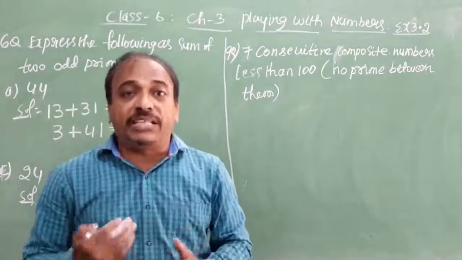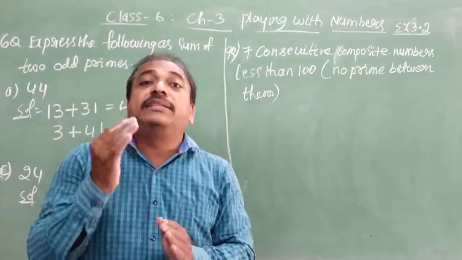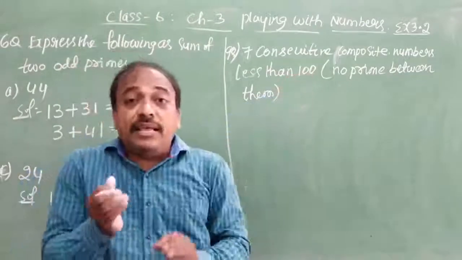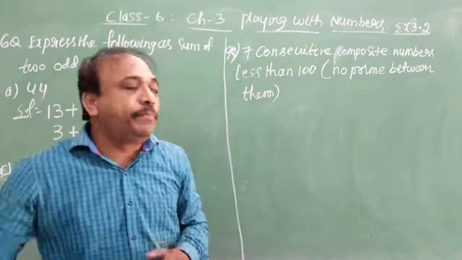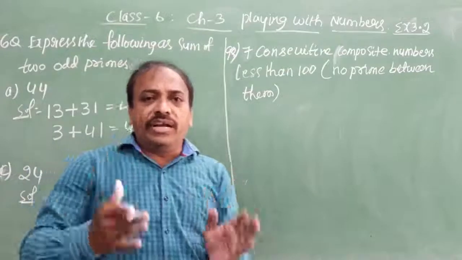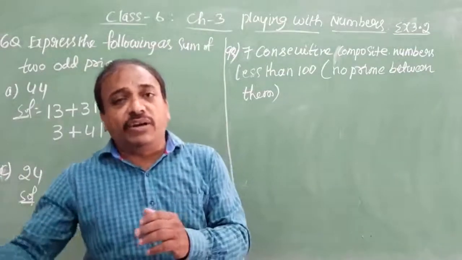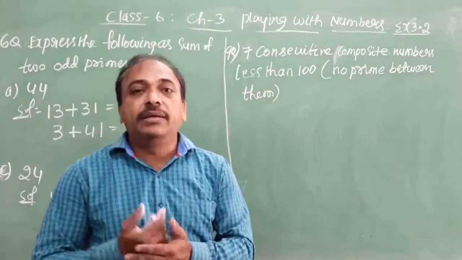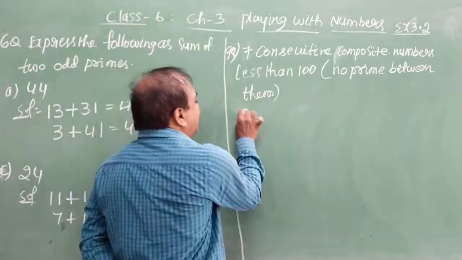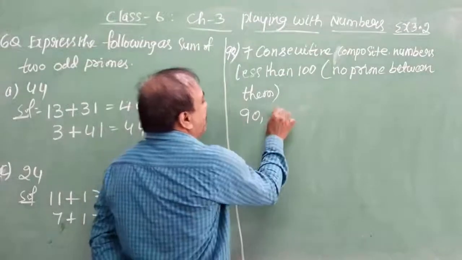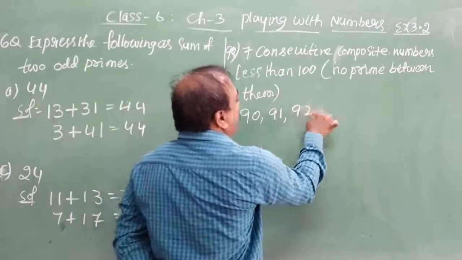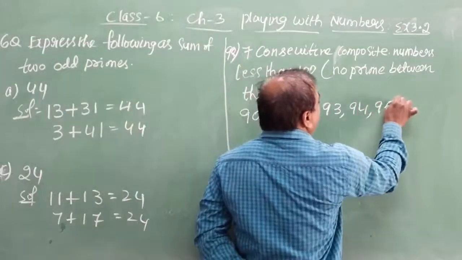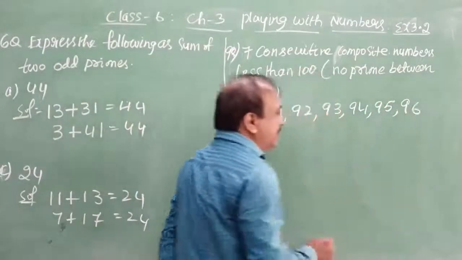That means they should not be prime numbers. Composite means they have more than 2 factors. For less than 100, you have to write 7 in order. If you take 20, 21, 22, then after that 23 is a prime number. So like that, a prime number should not come in between. Such numbers are 90, 91, 92, 93, 94, 95, 96.